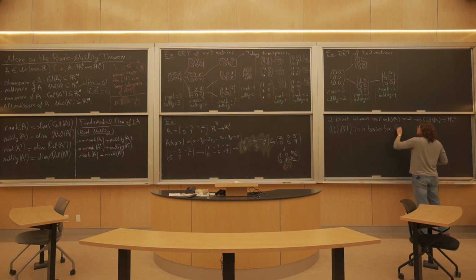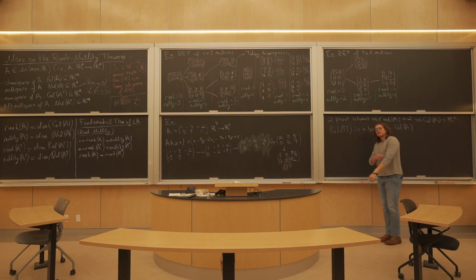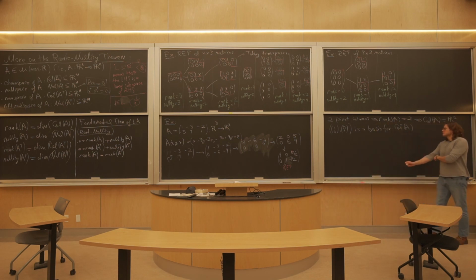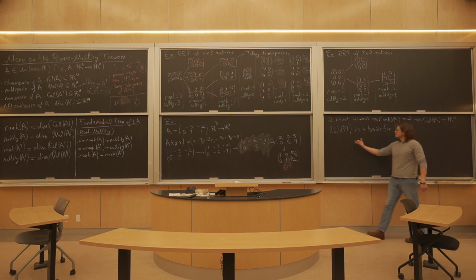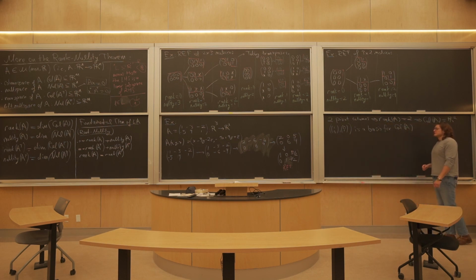For the column space of A. Okay? It is 2 dimensions after all. I have everything, and these 2 really is necessary and sufficient.